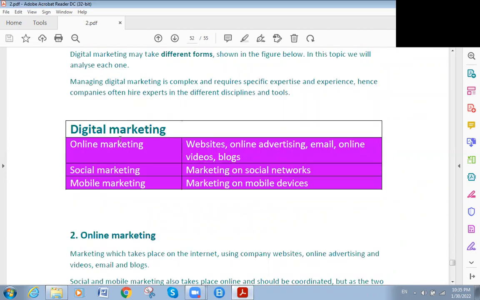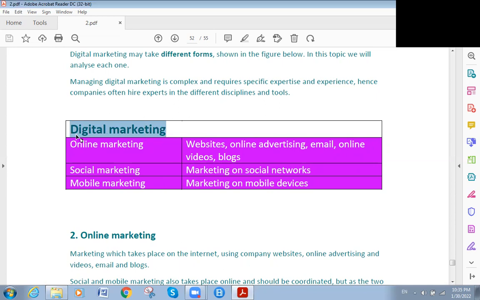The final point which I want to talk about is digital marketing. We have online marketing, like websites, online advertising, emails, online videos, and blogs. We have social marketing, on the social networks, like Facebook or whatever. Mobile marketing, marketing on your cell phone. So these are all components of digital marketing.